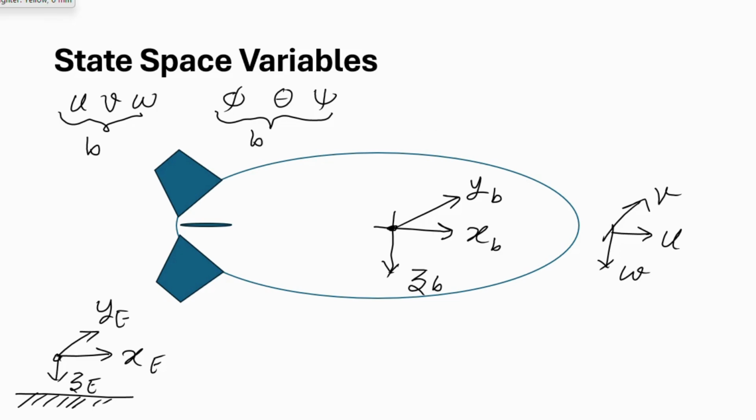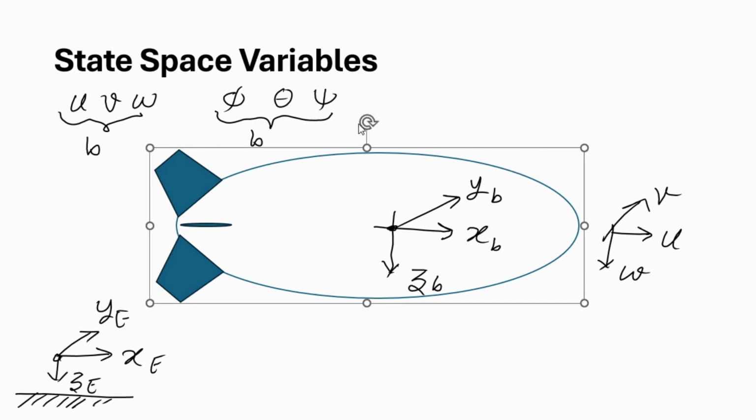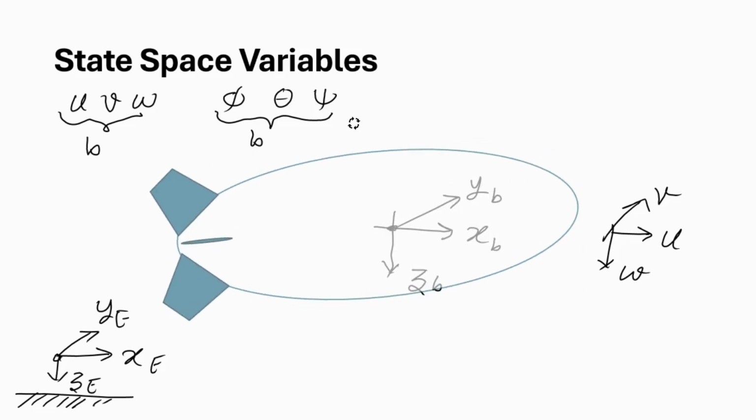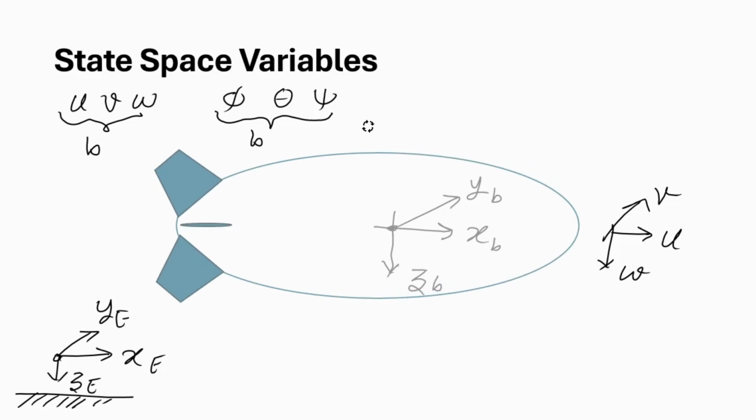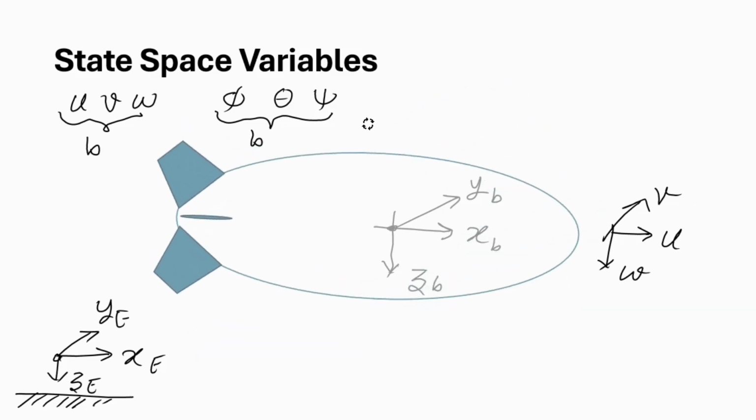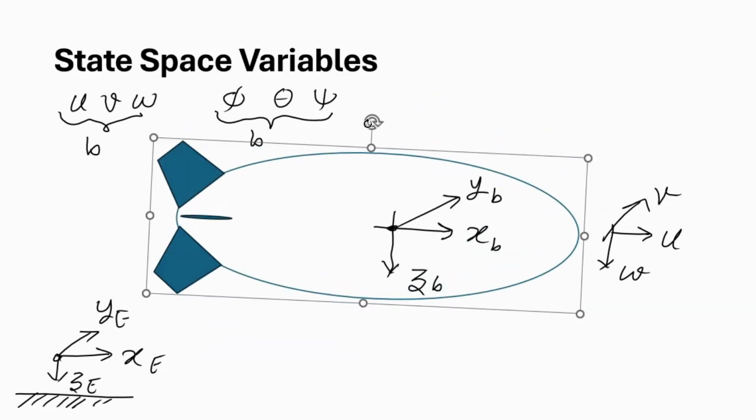Okay, now after defining the 6 state variables, we have another variable set, which is the angular change of the body, how fast it is rotating. It can rotate very slowly and it can rotate fast. So these are the rates of the Euler angle change.